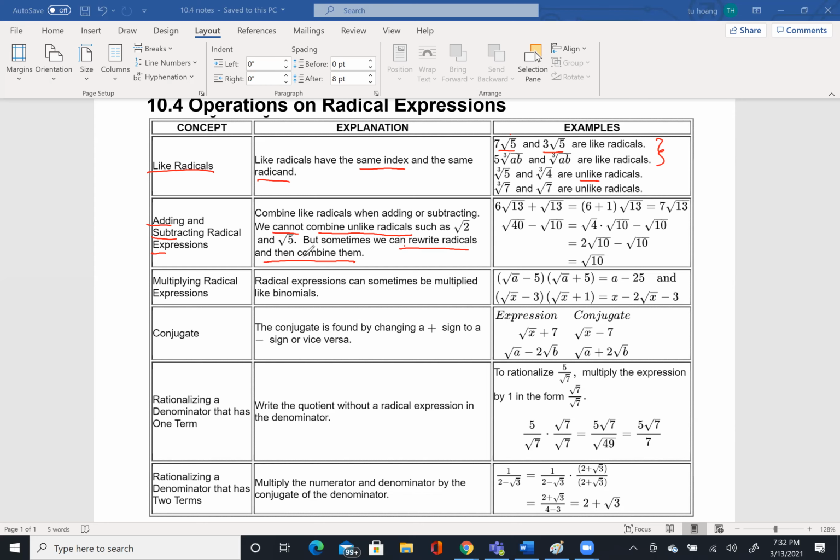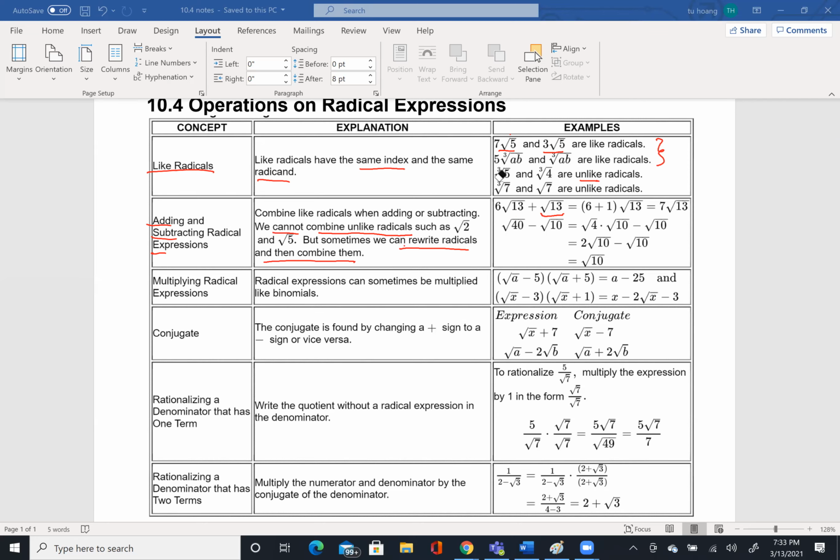So let's take a look at the first example over here. I have 6 square root of 13 added with square root of 13. You can right away add them because they are like radicals, since both terms have square root 13.